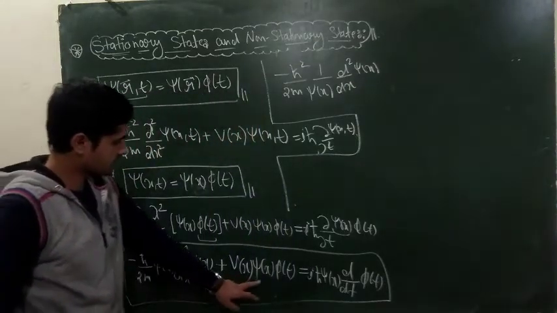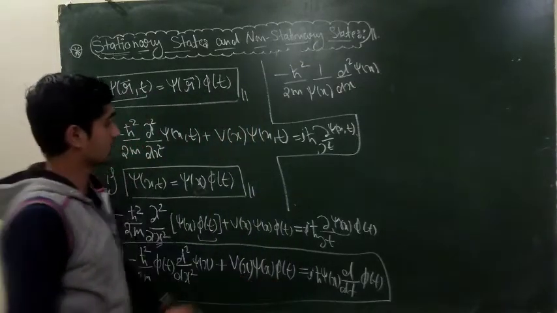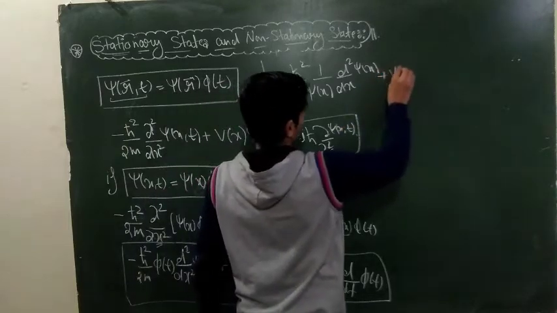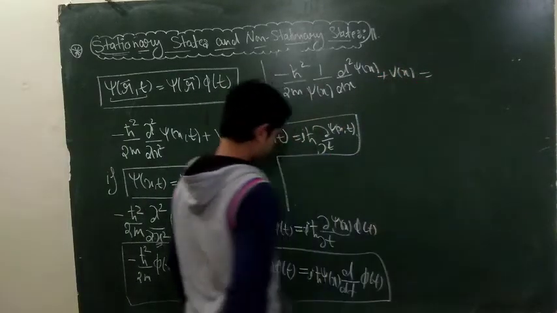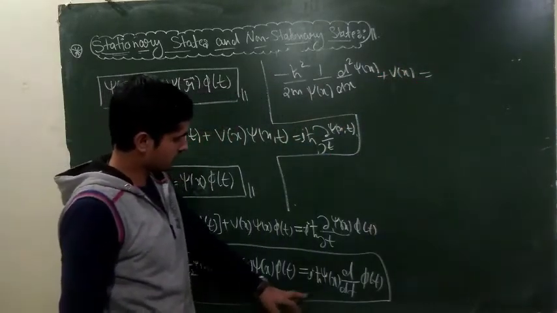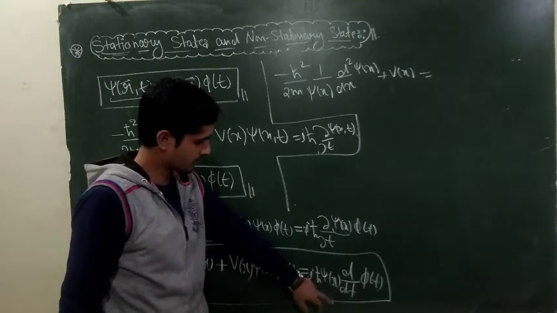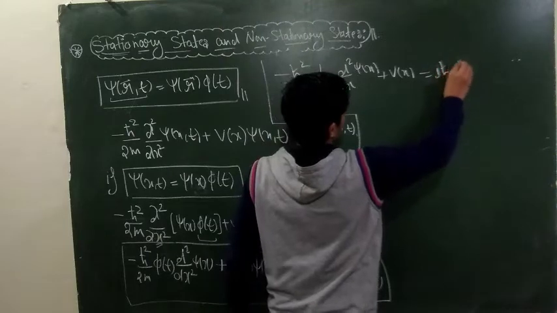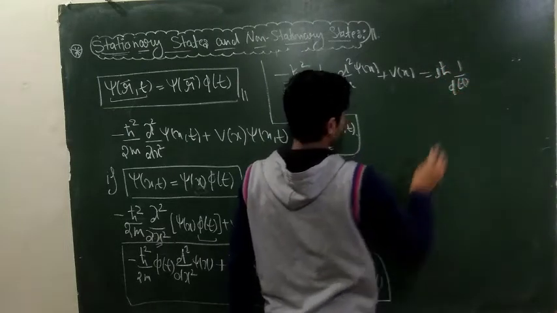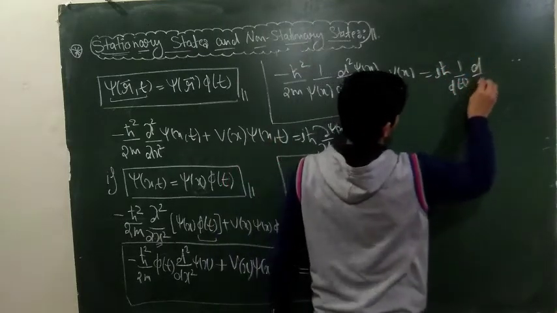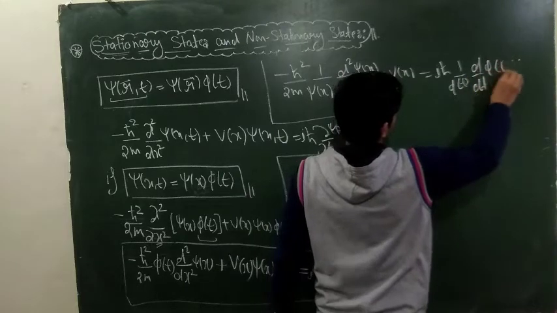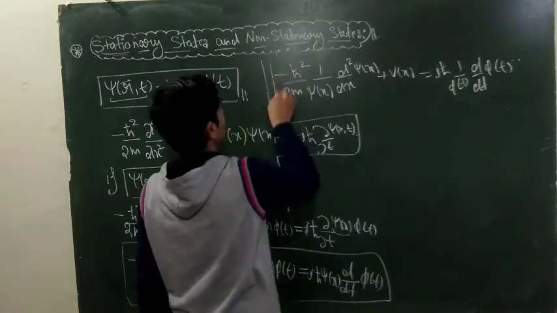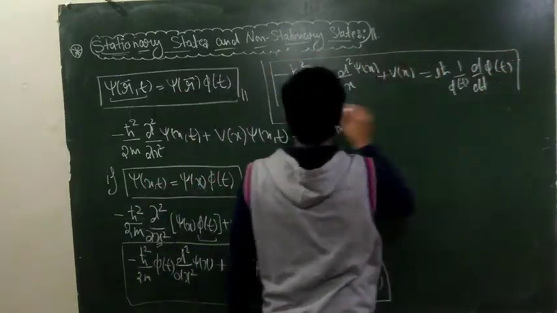In the second term, these two terms will cancel out and it will be just V(x). On the right hand side, the psi(x) will cancel out, and it will be iota h cross, 1 over phi(t) into d over dt of phi(t). Now this is an interesting equation.